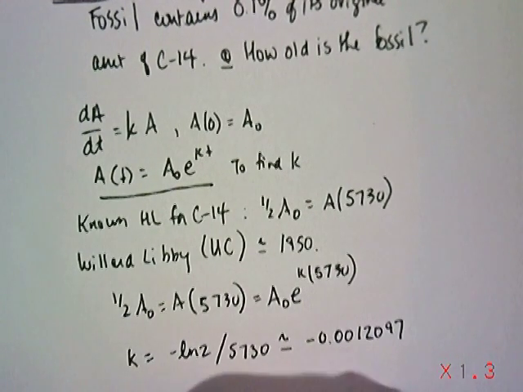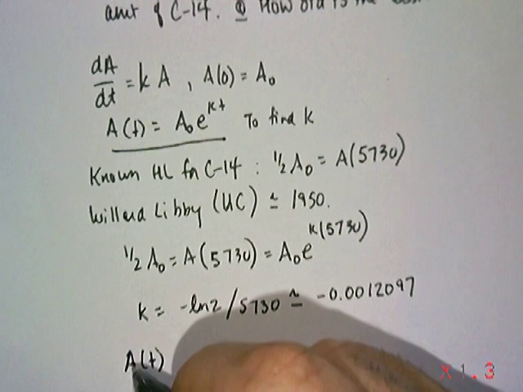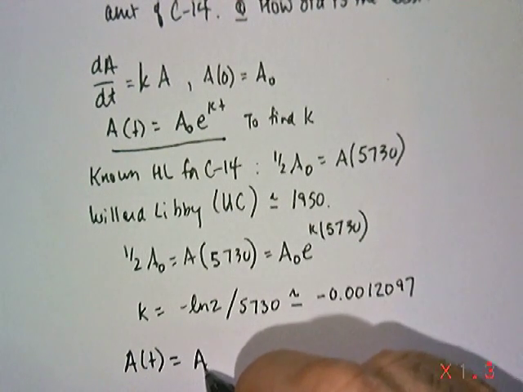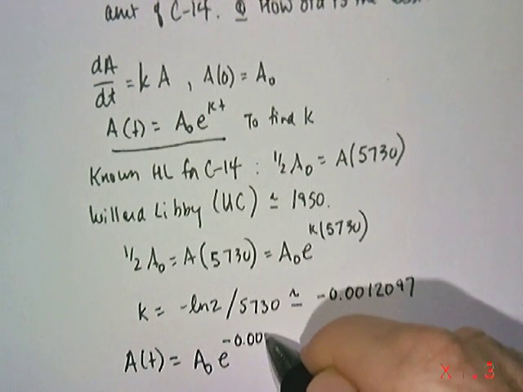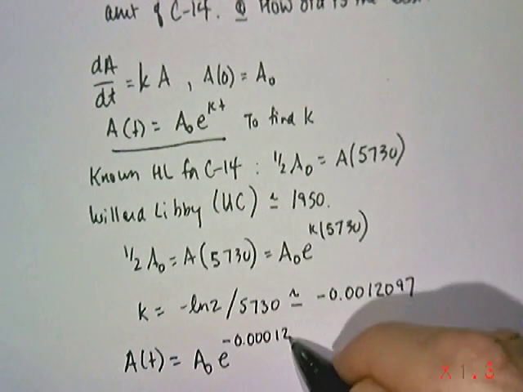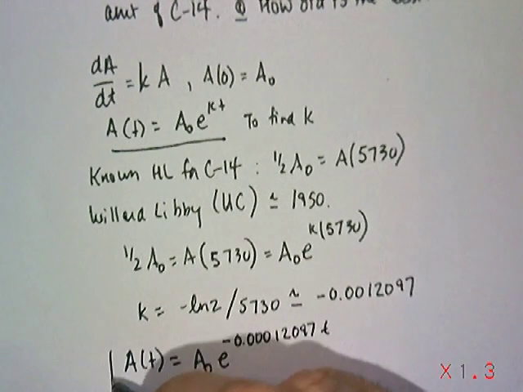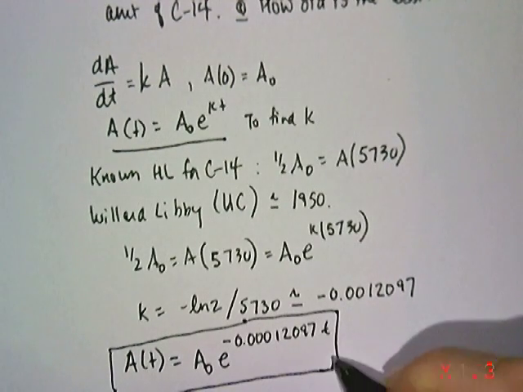So the model for carbon dating is that the amount of carbon-14 left after t years is your initial amount multiplied by e to the negative 0.000121097 t. So there's your model that you can now use for doing carbon dating.